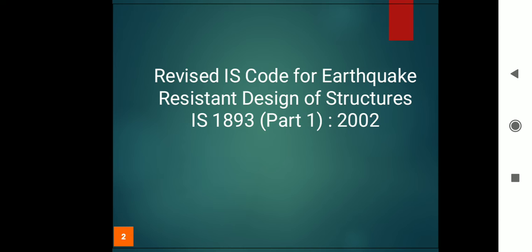The changes incorporated in the third revision are: the first change is that the standard incorporated seismic zone factors, previously given as multiplying factors in the second revision, on a more rational basis. The second change is that importance factors were introduced to account for the varying degrees of importance for various structures.